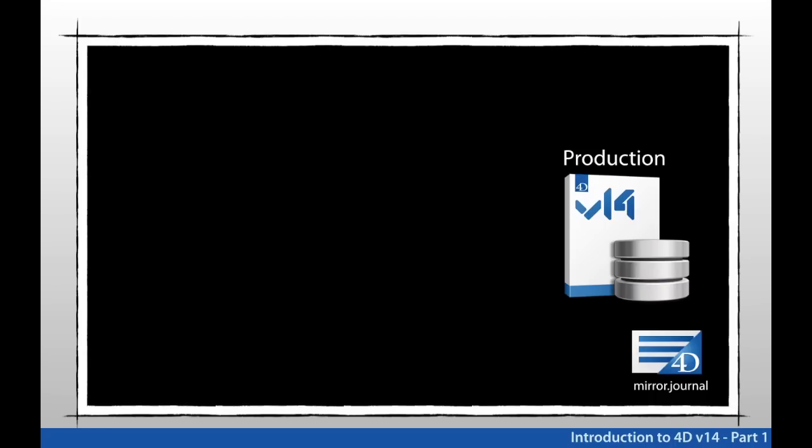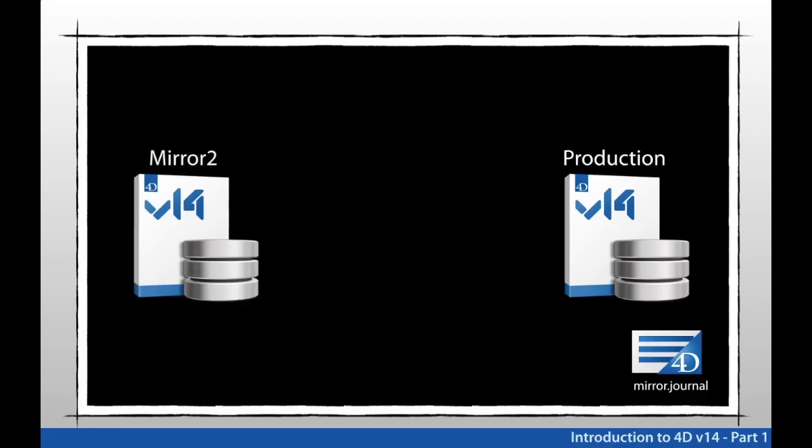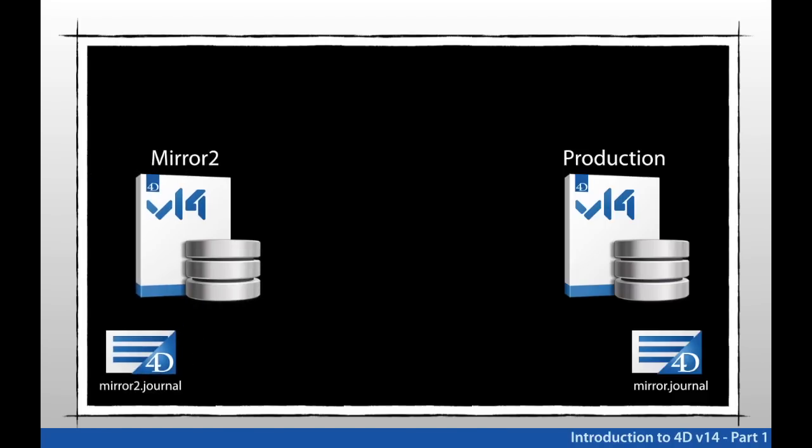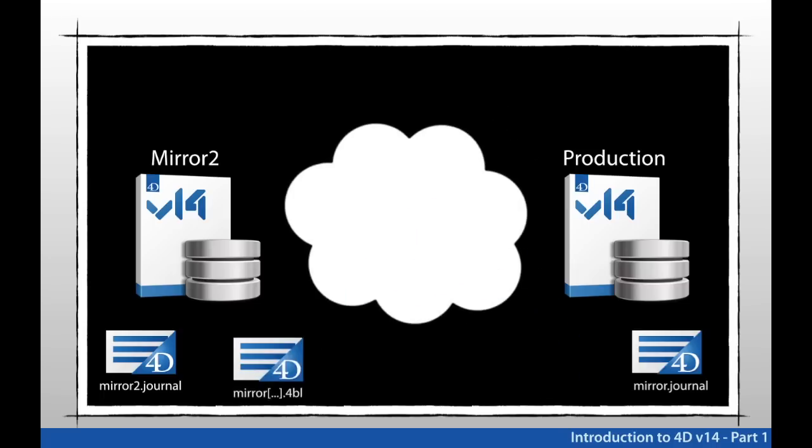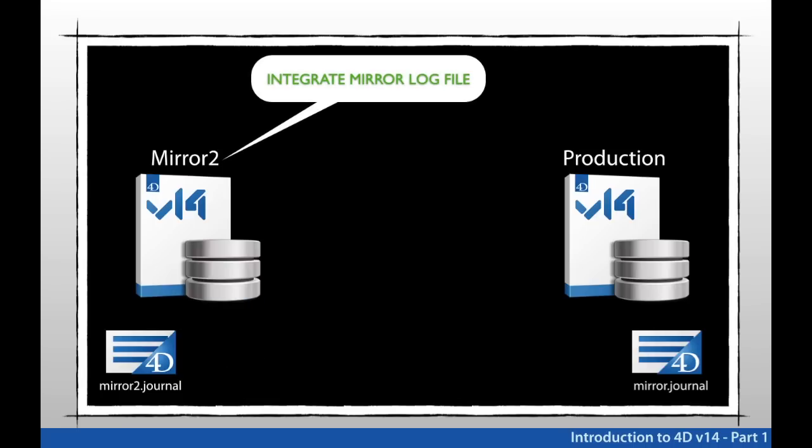Big improvement. It gets better than that though. Because my new production machine, which before was a mirror, is being journaled, I can bring in another mirror. Why not? Start segmenting my new production machine, sending those journal segments over to my new mirror, integrate the changes, and now, at all times, I can have a production machine and a mirror machine.